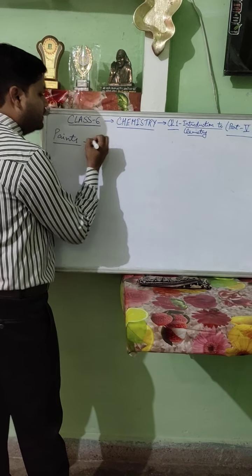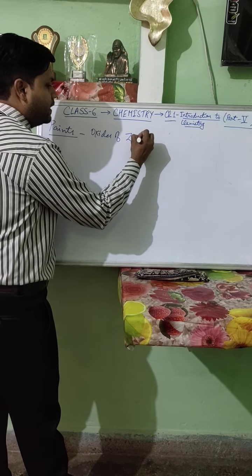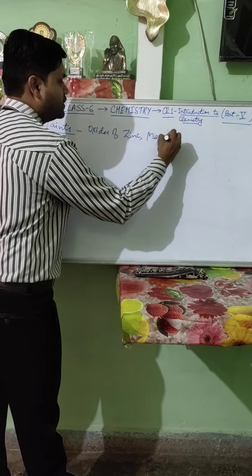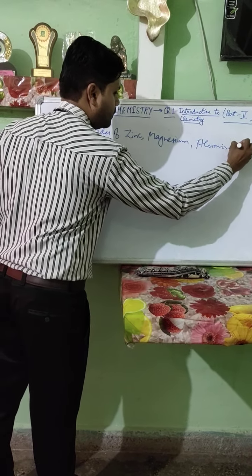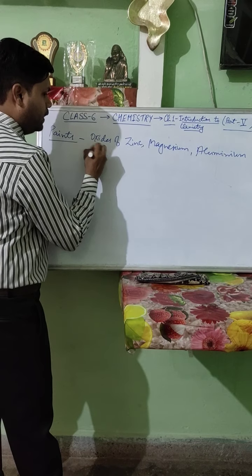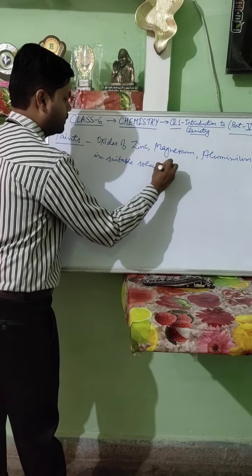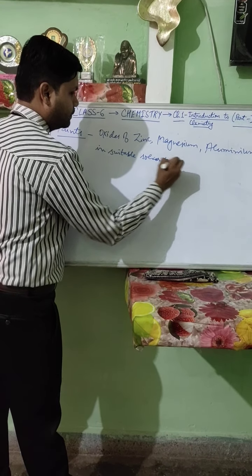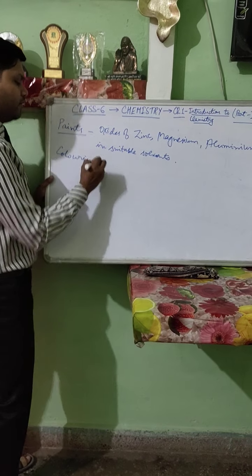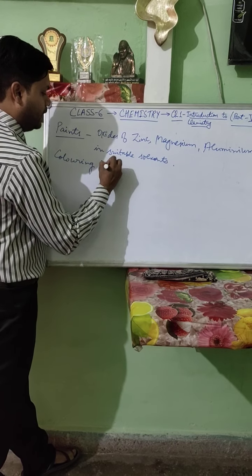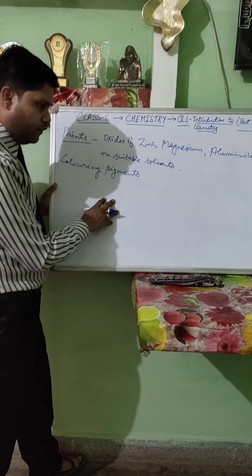Mainly they are composed of oxides of zinc, magnesium and aluminium in suitable solvents. Coloring pigments are also added to provide a variety of colors, whatever color we want.